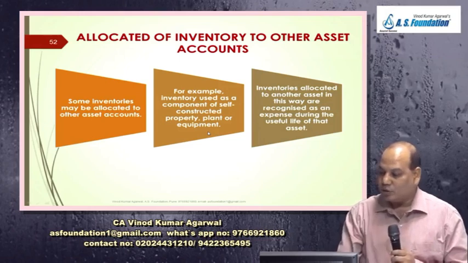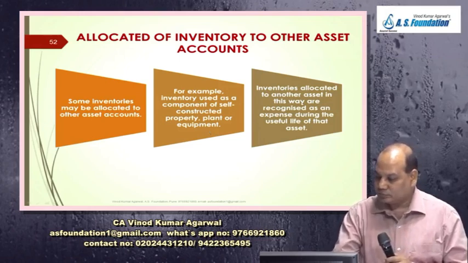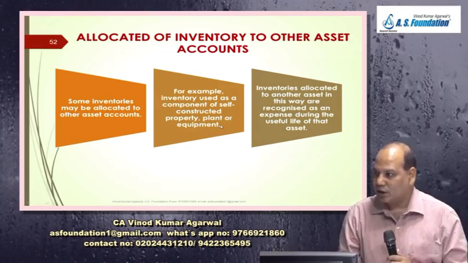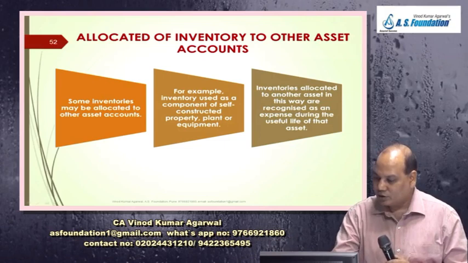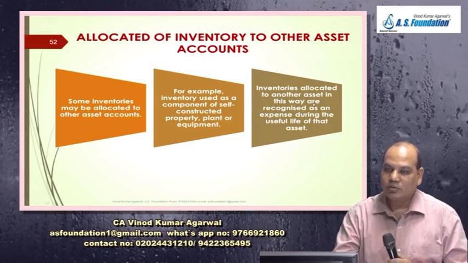Is it right? Or for example, you have some intangible asset. There also you can add it if it is required. Inventory allocated to another asset. How can we? Oh, that's a wonderful question.